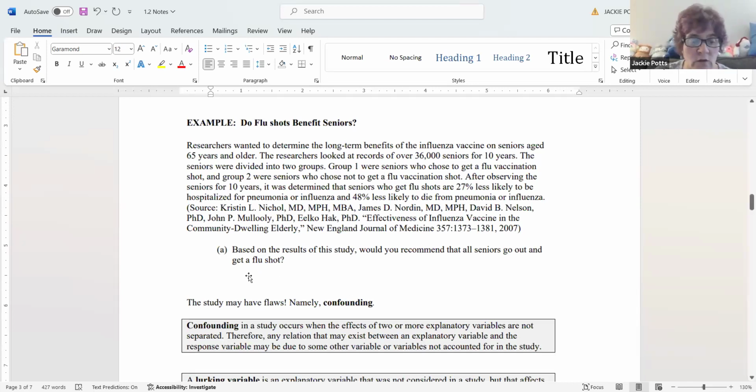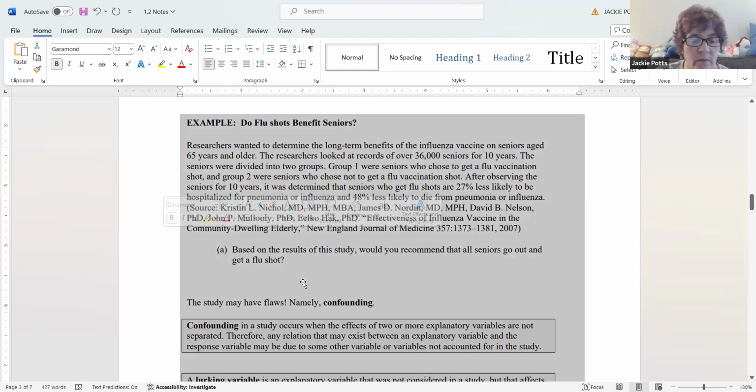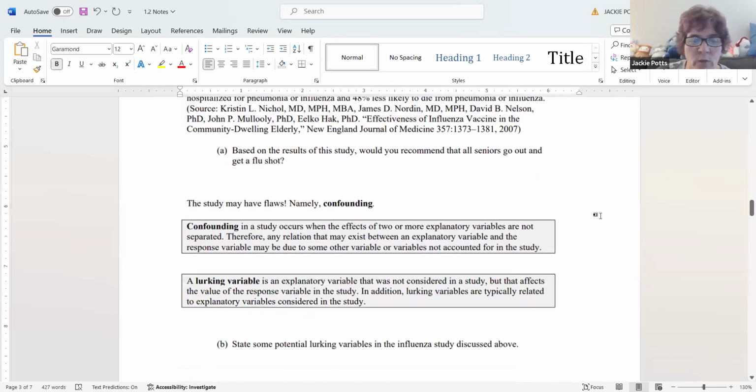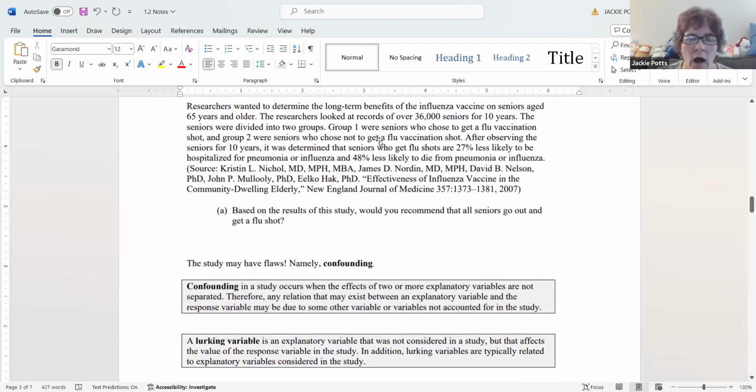Here's my response to it. Oh, I hate it when it's an actual picture, because it won't let me type. Based on the results, I would say it looks promising, because there are too many unknown variables that are not being mentioned.